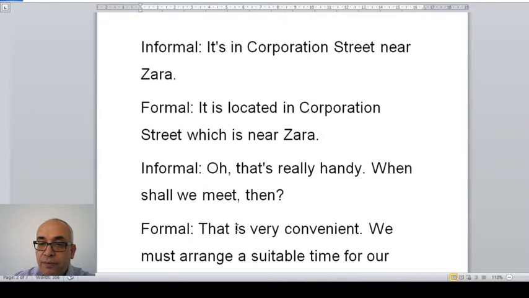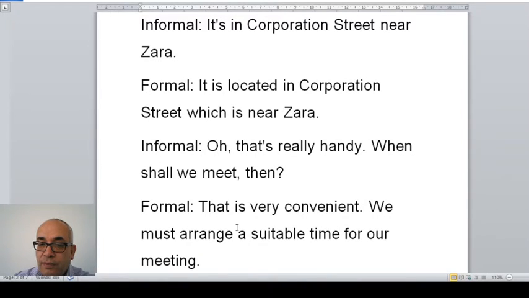Next one. Oh, that's really handy. When shall we meet then? So this is informal. This is informal, really handy. So how do I make it formal? That is very convenient. That's really handy is informal.